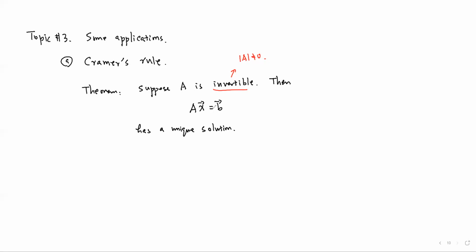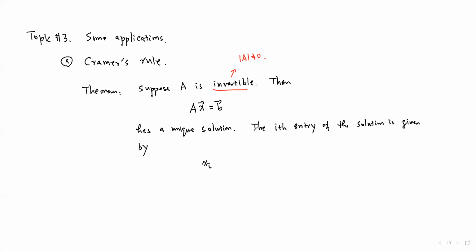The solution is A inverse times B. Okay, times B. All right. The ith entry of the solution is given by the following formula.